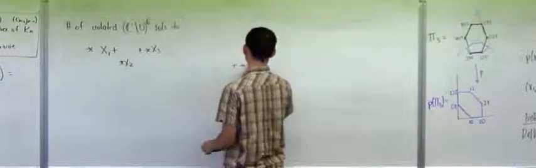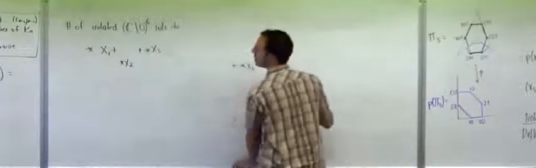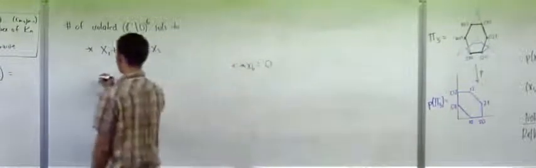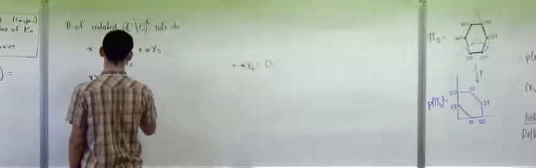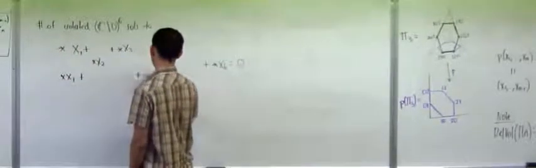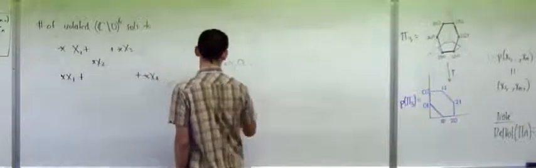The second equation is going to say x2 plus x3, x4, x5, x6 equals 0. Then 1,4 is going to look like this: x1 plus x2 plus x3 plus x4 equals 0.